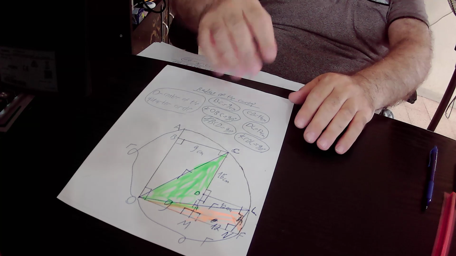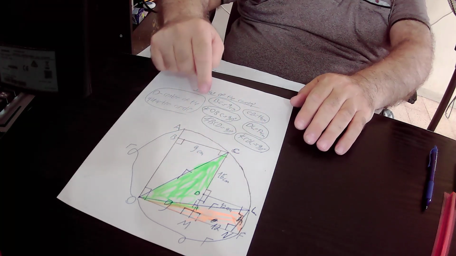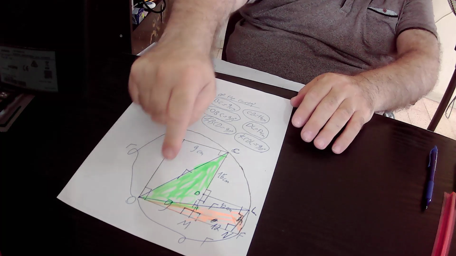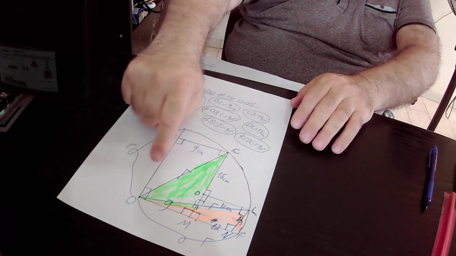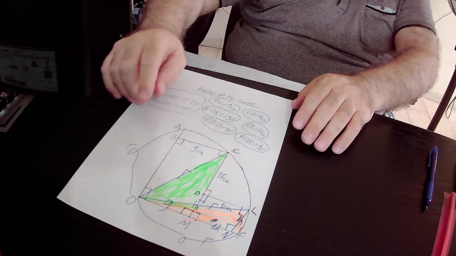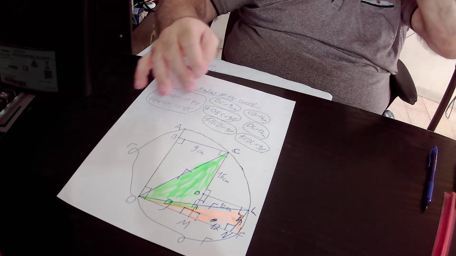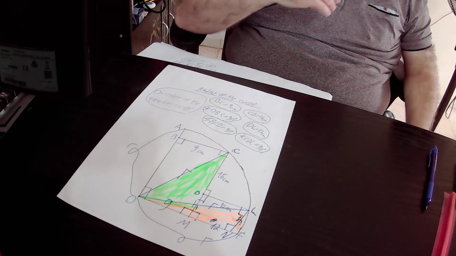So, first of all, because this is a quarter circle, point O is the center of the quarter circle, this angle equals 90 degrees, and side AO equals side OF, and both sides equal the radius of this quarter circle, that is equal to 1 according to our definition.